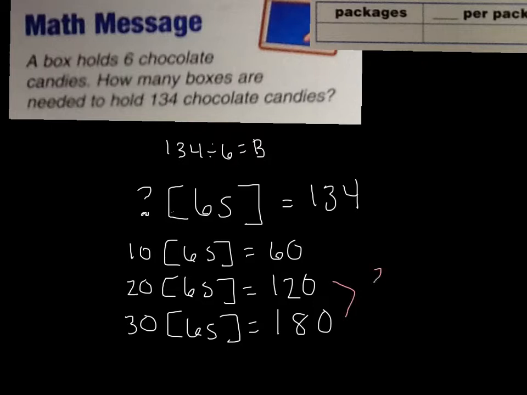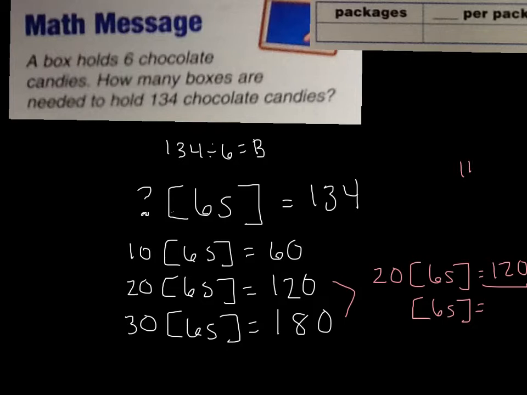We know it's more than 20 sixes because 20 sixes is 120. Well, how many more sixes could we do? Let's see. If we're already at 120, we can count 126, 132.